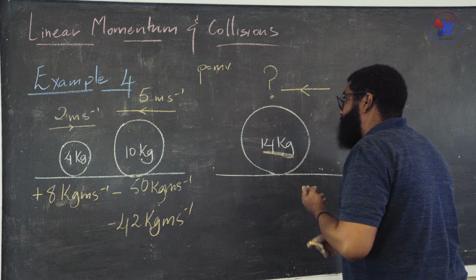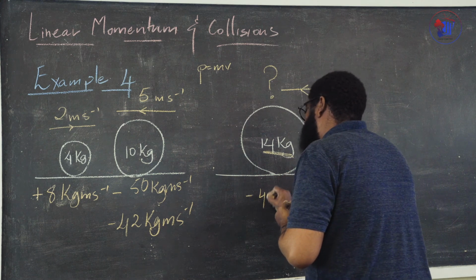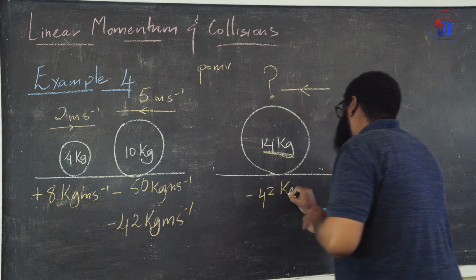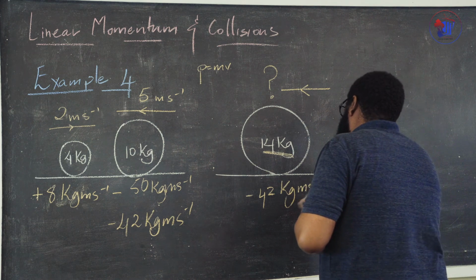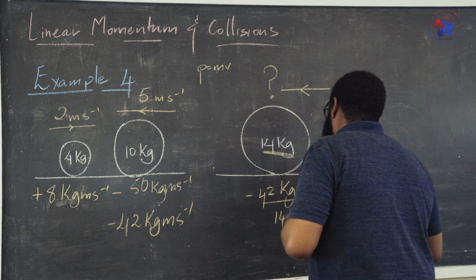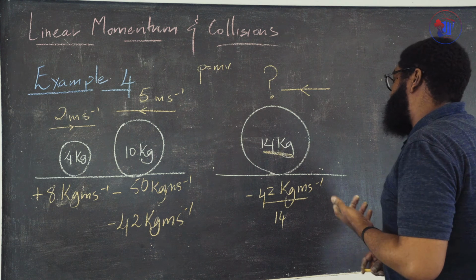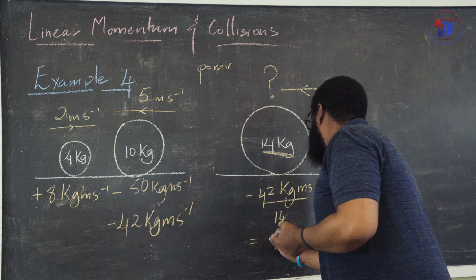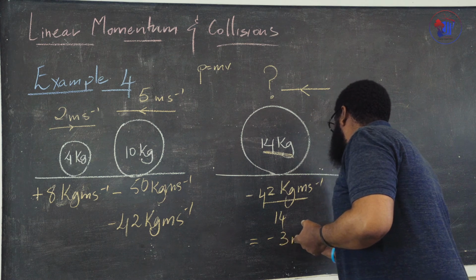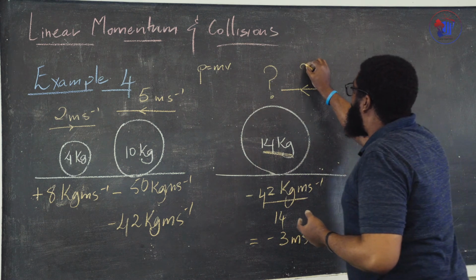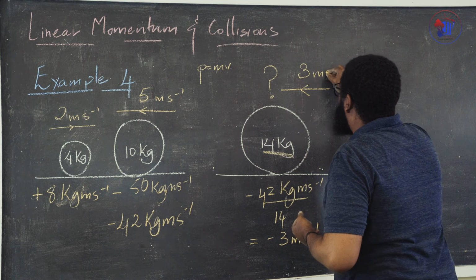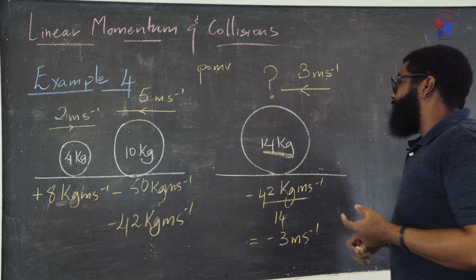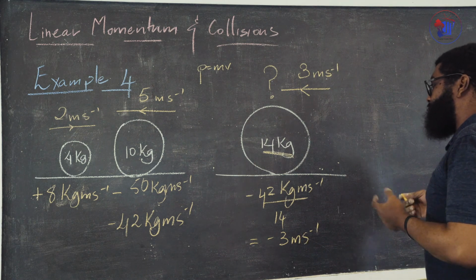To find the velocity, we divide momentum, minus 42, not just 42, kilogram meters per second by 14. 3 10s are 30, 3 4s are 12. I do believe, if my math is correct, this is 3 meters per second. So our new object moves to the left at 3 meters per second.